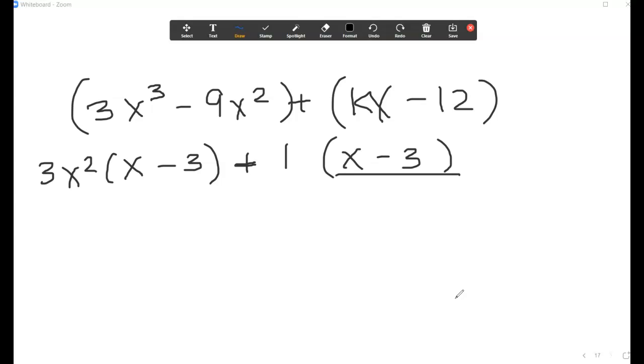What that means is that if you take out a k, that k needs to be a 4, because if you distributed that back in, you'd get 4x minus 12. So k is equal to 4, which is option 2.